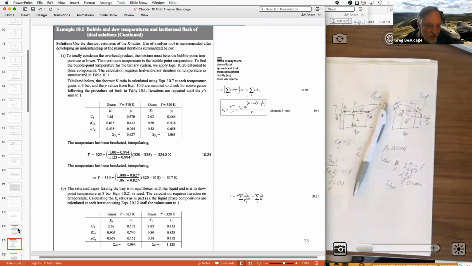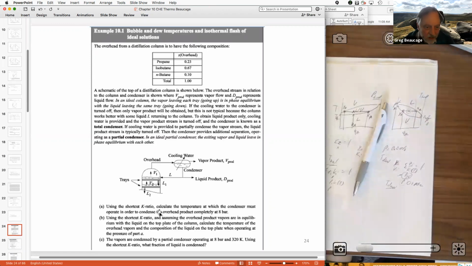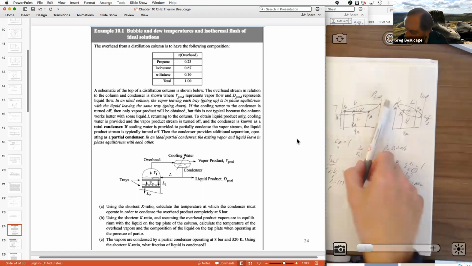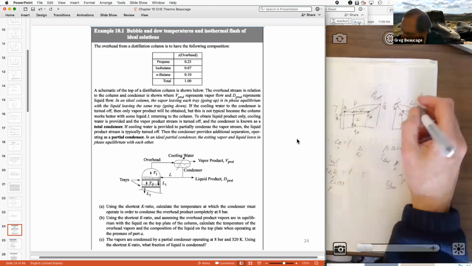So the first question is, using shortcut K ratio, calculate the temperature at which the condenser must operate in order to condense the overhead product completely at 8 bar. In this case, the product is vapor. It's going to just condense. So you're in the pressure and you want to condense, coming in with a vapor.